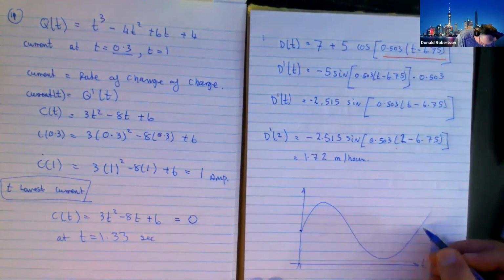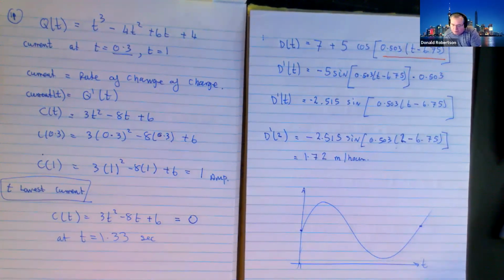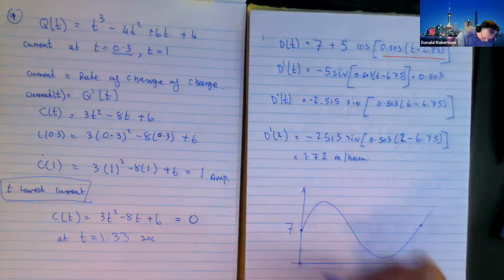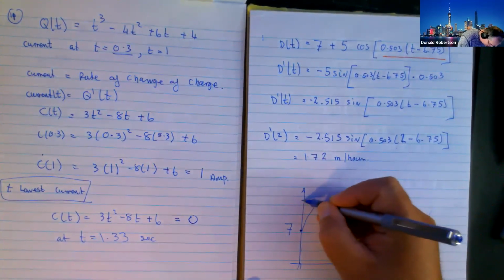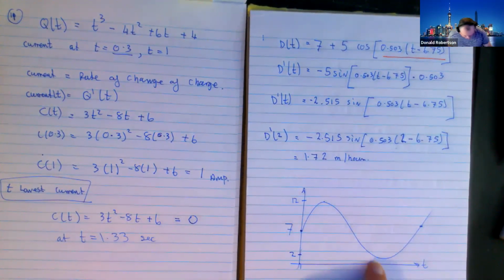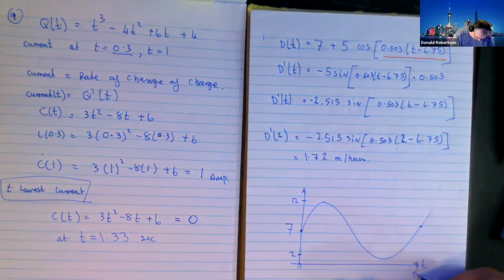Tides normally do 28-day cycles, because that's what a full moon takes, 28 days roughly. Anyway, that number there would be 7. This number here would be 12. This number here would be 2, so it never gets lower than 2 feet in this place. And from here to here would be 28 days.